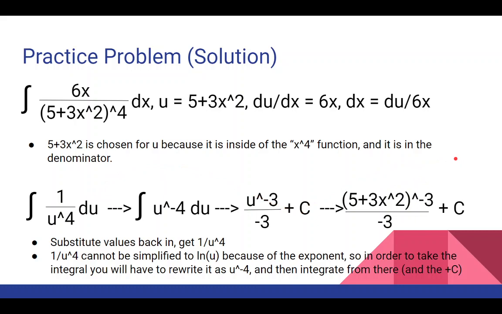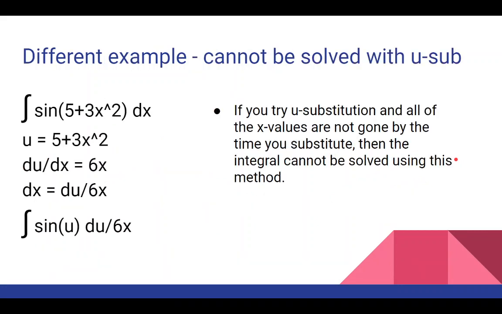So the last thing I'm going to explain is how you can tell if you have an integral that can't be solved with U-substitution. So right here I have sine of 5 plus 3x squared, and this is a composite function, so u would be on the inside, which would be 5 plus 3x squared, and the derivative of that would just be 6x.